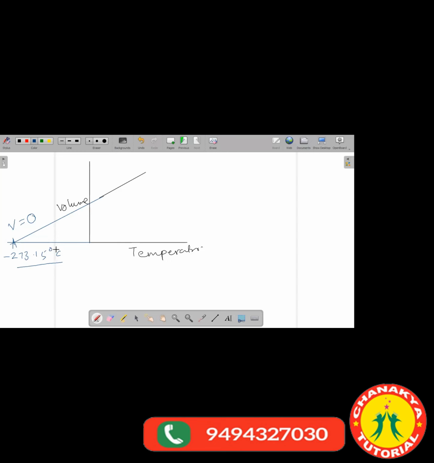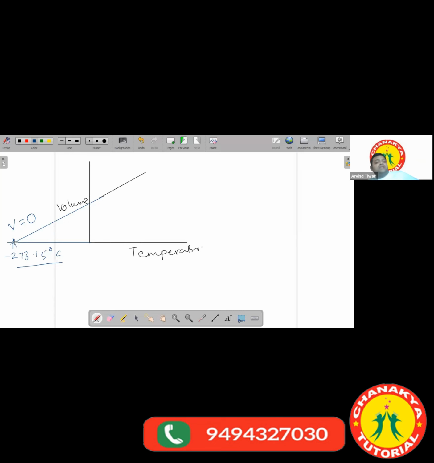Since you cannot make the volume go beyond zero, or even make the volume zero, he was able to predict that this is the least possible temperature which can ever occur in this universe, because beyond that it's not possible.